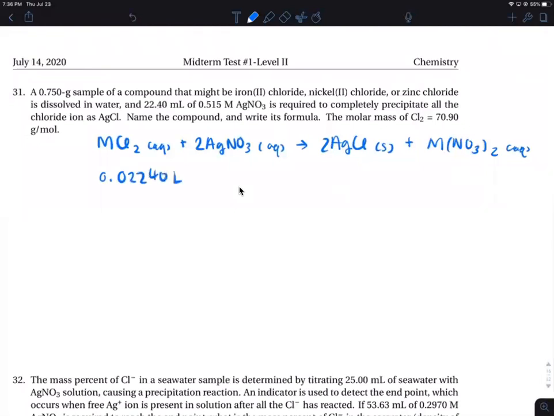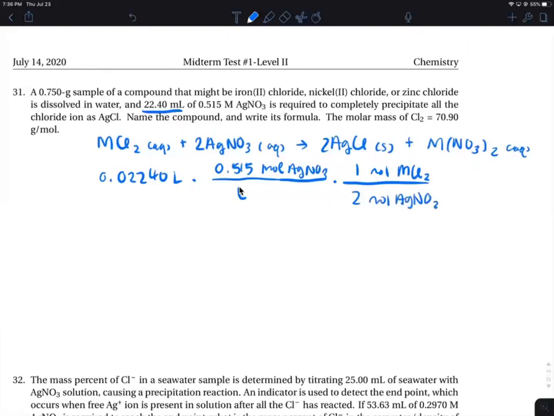All right, so now from what we know, we have 0.02240 liters, converting from milliliters to liters, of this 0.515 molar AgNO3 solution. And then from here, we can use this relationship to convert to moles of MCl2. So we know that for every 2 moles of AgNO3, there's 1 mole of MCl2.